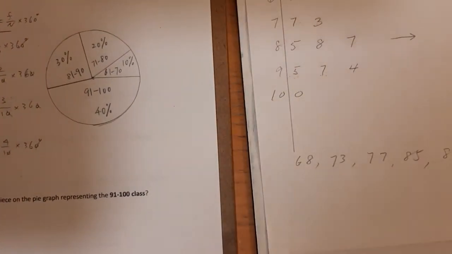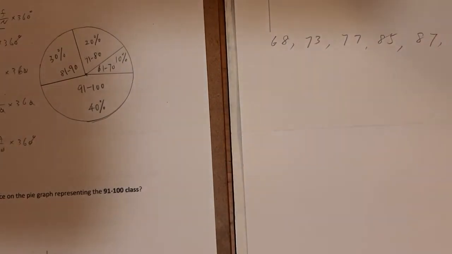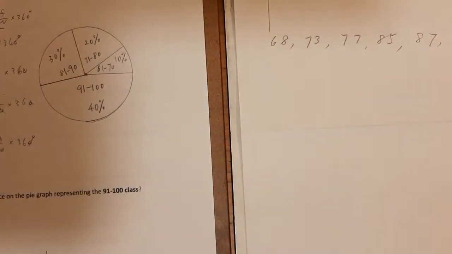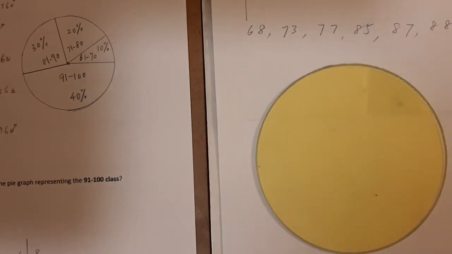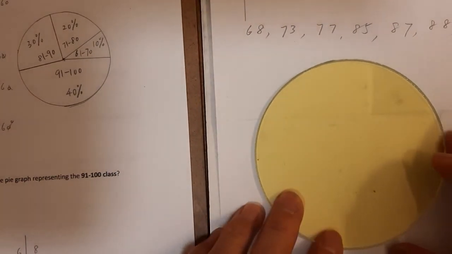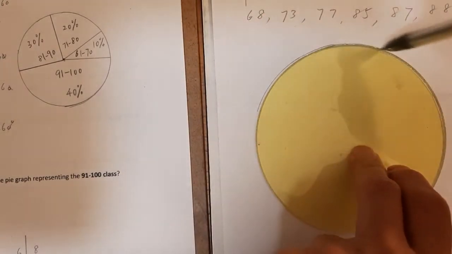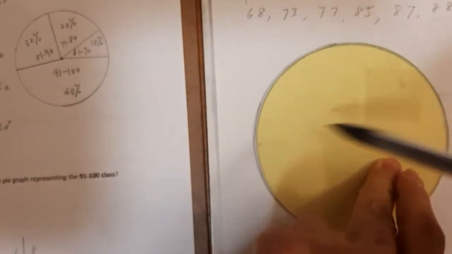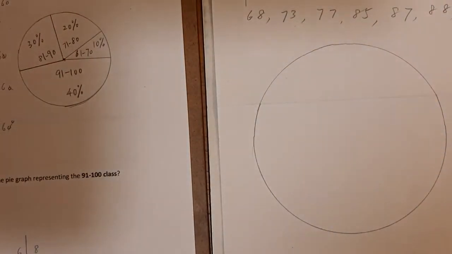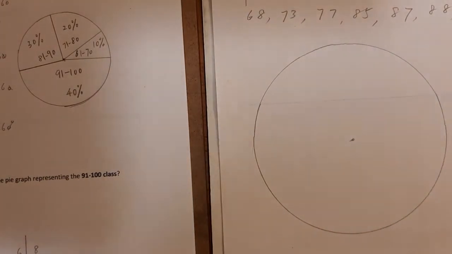First of all, we draw a circle, and you can use a compass or any circular object. Then here is the center of the circle.